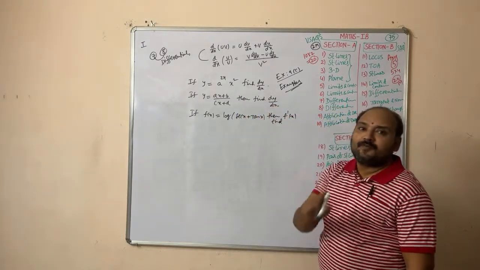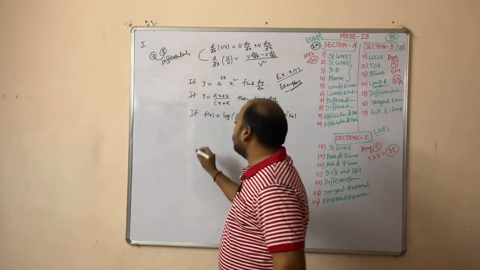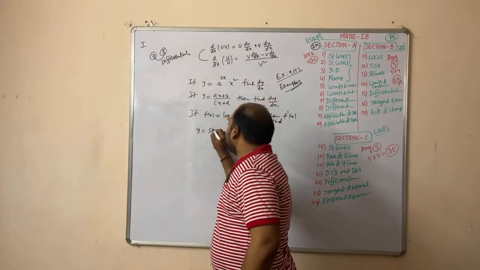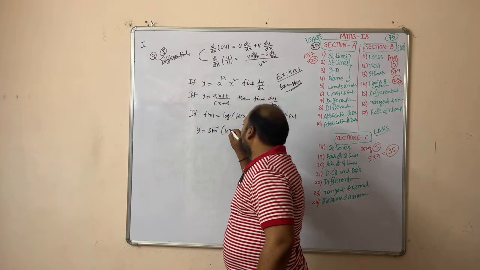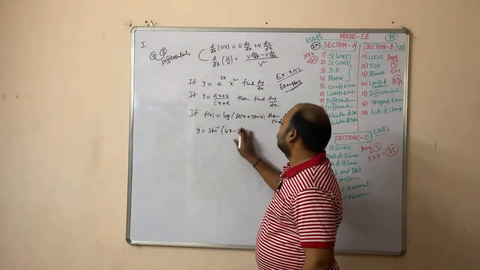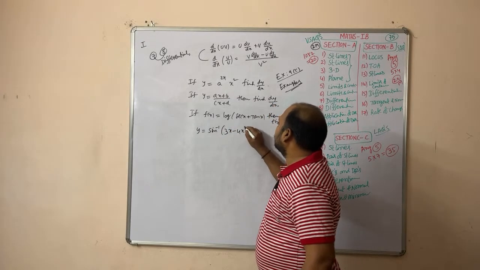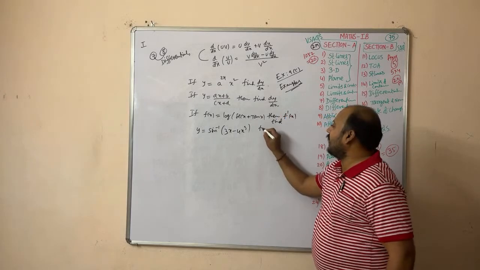And if we go to the 9c exercise, substitution method questions. If y is equal to sin inverse of (4x minus 4x cube), find dy by dx.